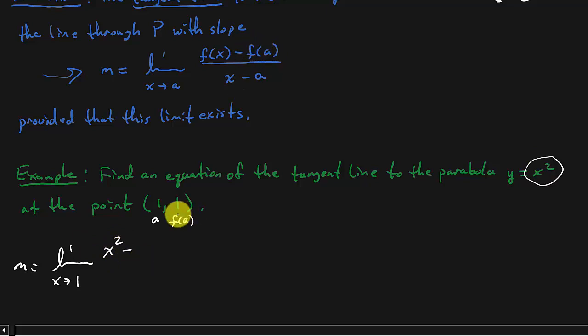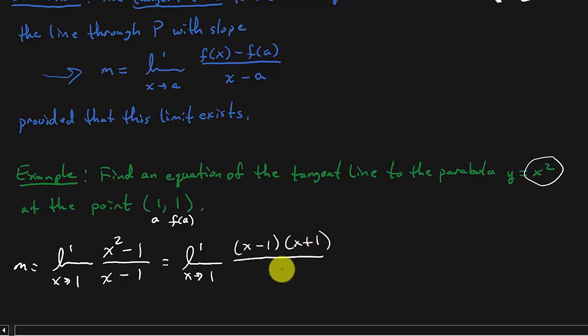What's f of a? f of a is 1, so 1 minus 1, over x minus a, and a is 1. We've got to evaluate this limit to get our slope. So that's the limit as x approaches 1, and x squared minus 1 factors as x minus 1 times x plus 1, over x minus 1.